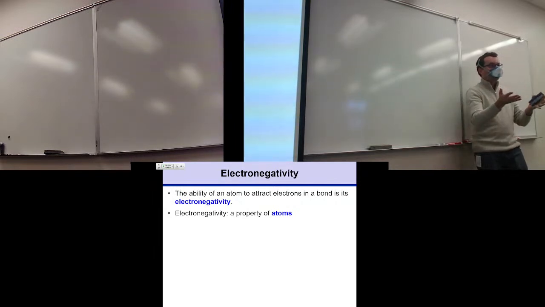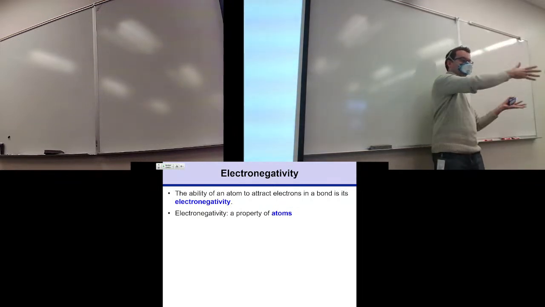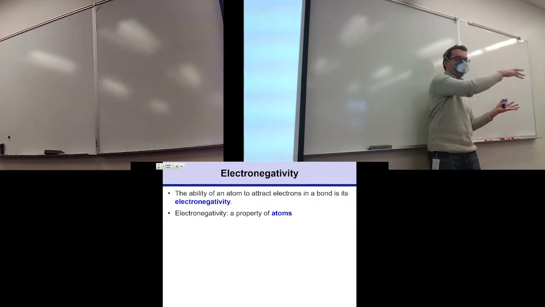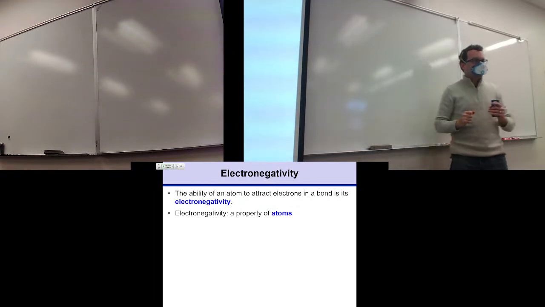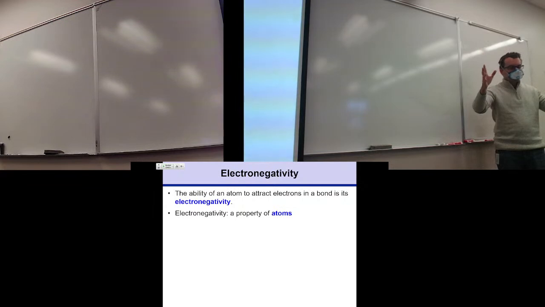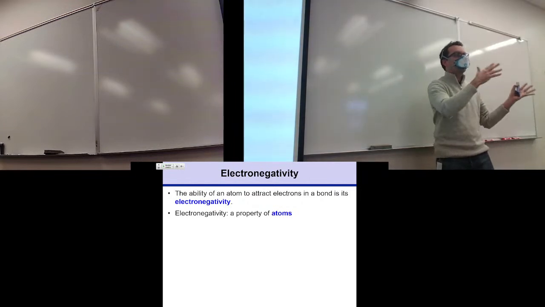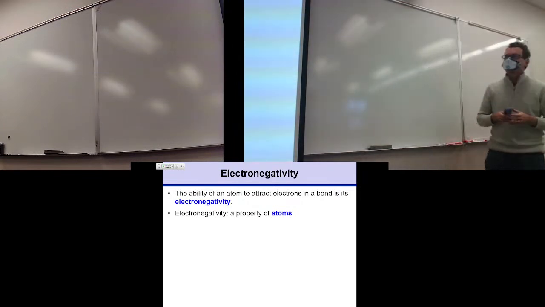Yes, the electrons are negatively charged, so if they're going to hang around one side of the bond more than the other, they're going to make that side of the bond more negative. Oh, okay, that makes sense. So normally the bond is neutral, completely evenly balanced, like that green one. Yes, but sometimes they hang around one side more than the other and create a dipole.